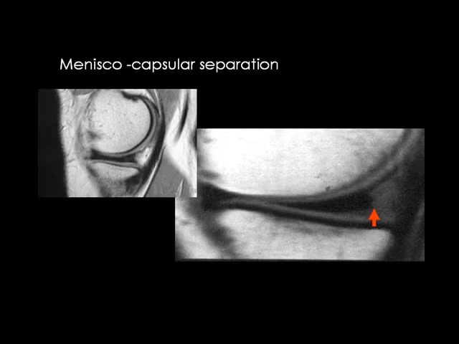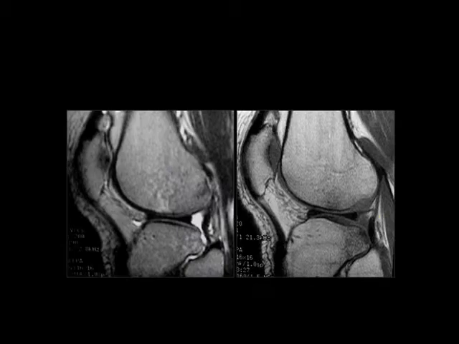Meniscocapsular separation is diagnosed by the distance between the horn and the capsule, and this distance is filled with fluid, meaning bright signal in the T2 weighted image. Then meniscocapsular separation does not occur on the lateral aspect.